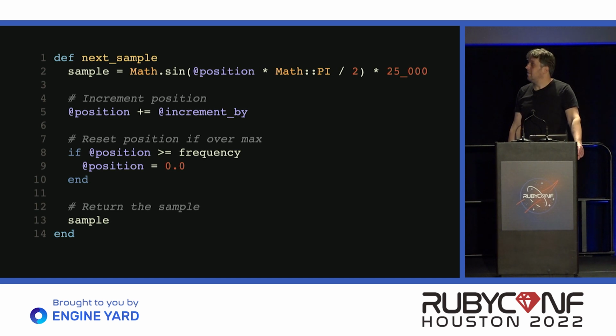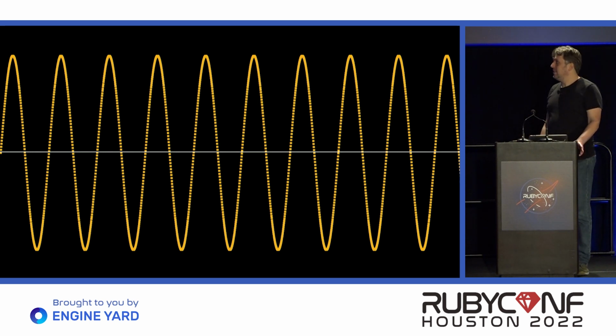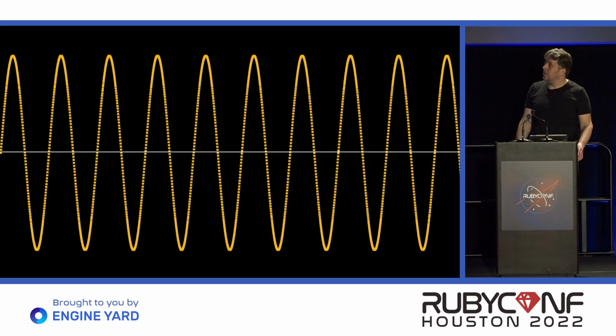And we can use that to generate samples again. And then we end up with a visualization like this, and it sounds like this. So this is a basic building block for basically all music.